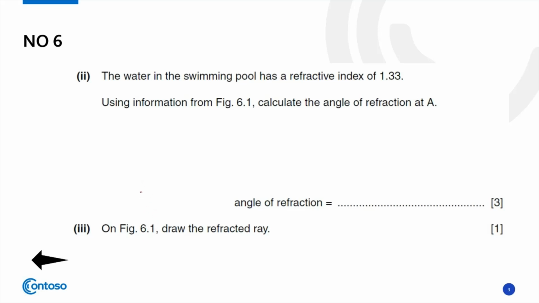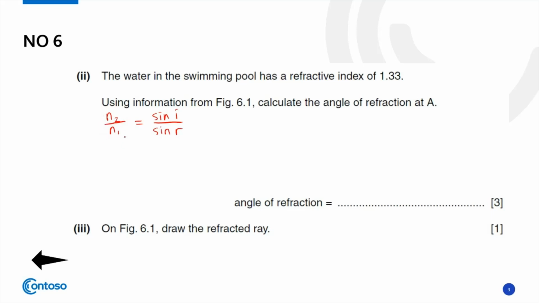Using information from figure 6.1, calculate the angle of refraction at A. The correct formula to calculate the angle of refraction according to Snell's law is N2 over N1 equal to sin I over sin R. N2 is the refractive index of the second medium.